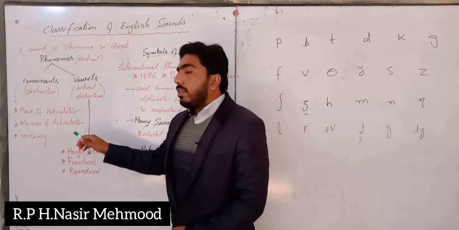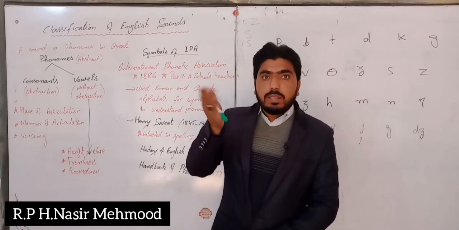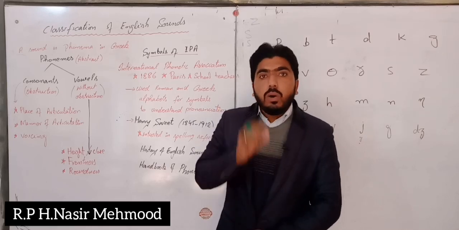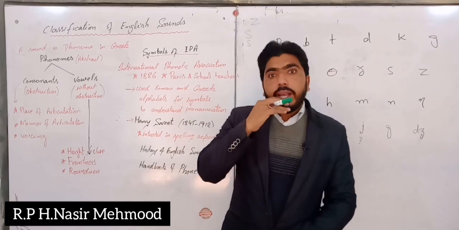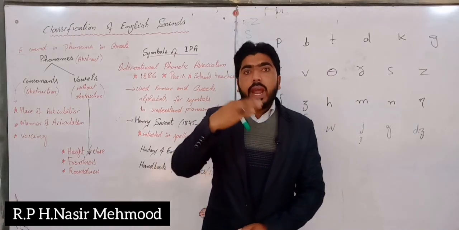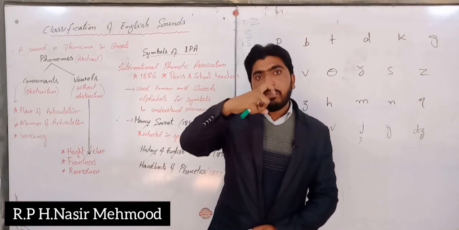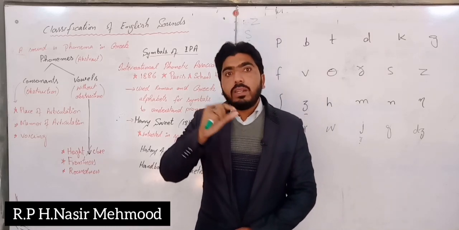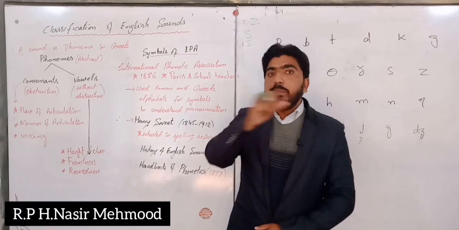Sometimes our tongue moves upward and sometimes downward, sometimes it remains in the middle of the vocal tract, and sometimes the tongue moves forward or backward, and we see some kind of hump or an arc made sometimes in the front of the tongue, the back of the tongue, and sometimes in the middle of the tongue.